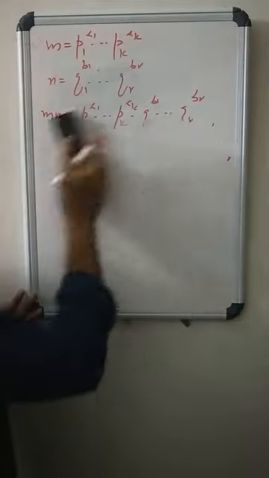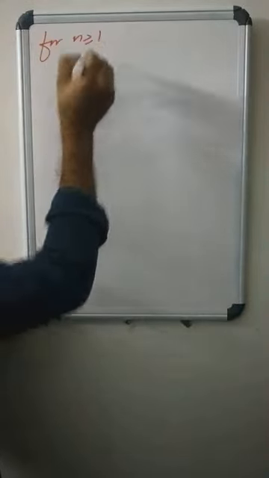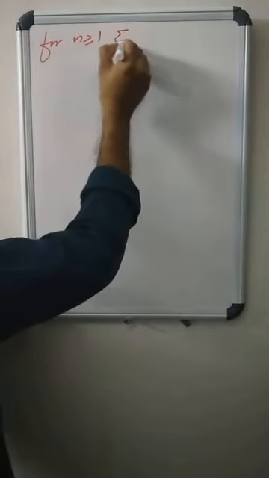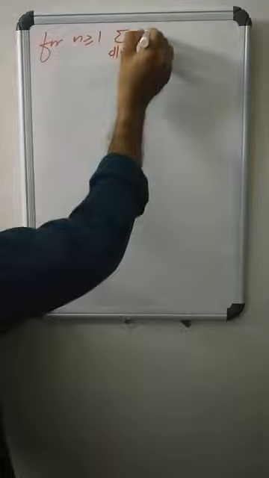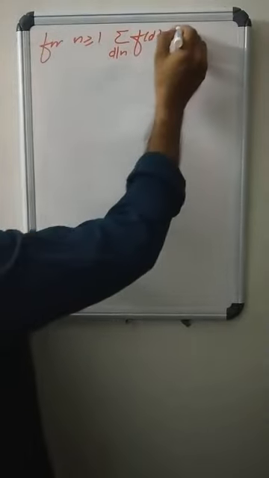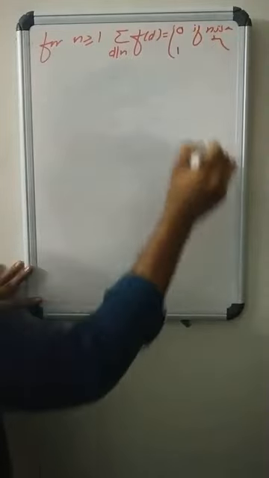So by using this definition, we prove a result. Consider a theorem. For every n greater than or equal to 1, we have sigma over d dividing n of lambda(d) equals 0 when n is not a square, and 1 if n is a square.